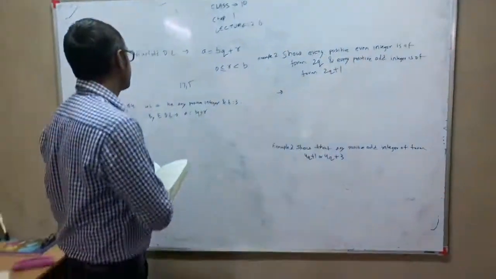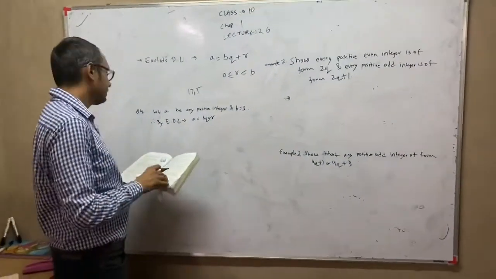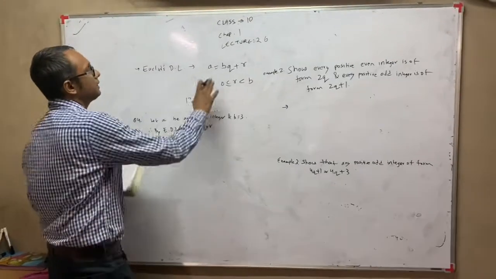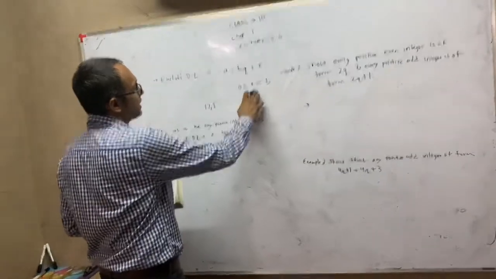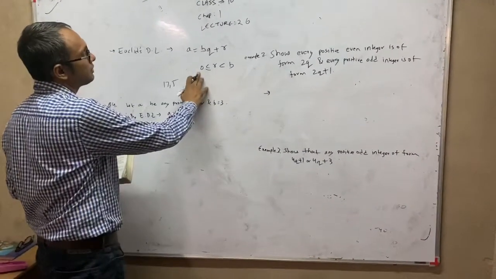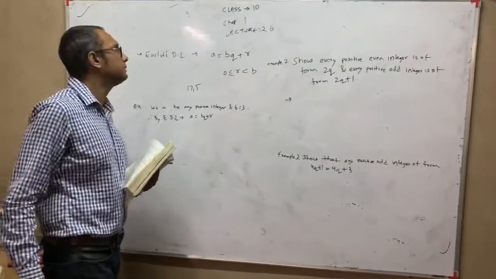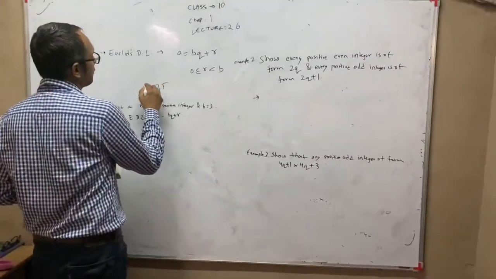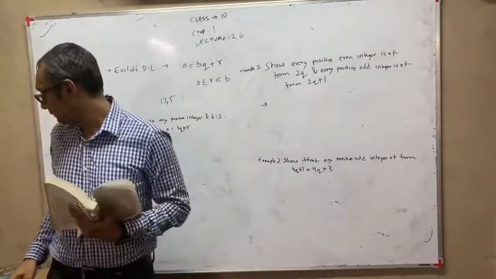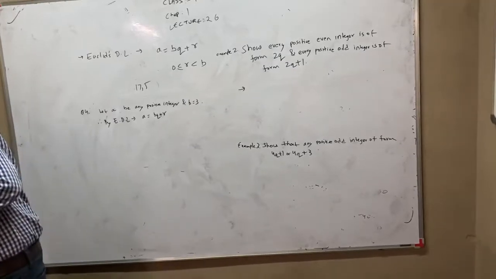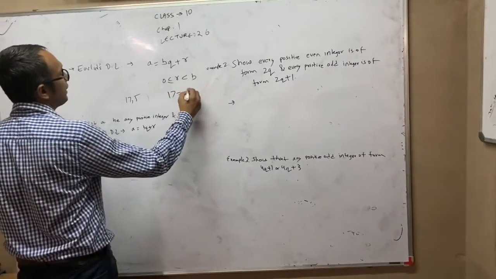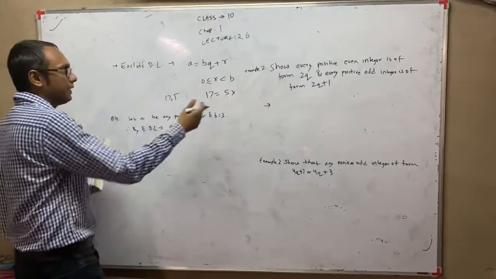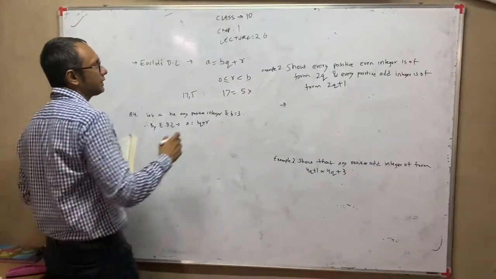Okay. Anyway, now first of all, we'll just refresh one thing. This Euclid's division lemma, if you remember, a is equal to bq plus r. And where the r, that is the remainder, can be greater than or equal to 0, but it will always be less than b. If you remember, suppose we had to find the HCF of 17 and 5, then we did it like this: 17 is equal to 5, and then we multiply 5 with the closest number so that we get close to 17.